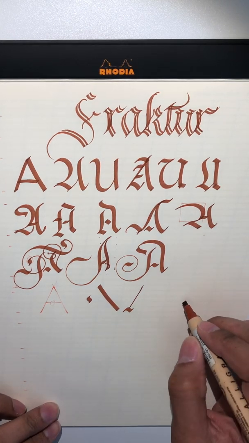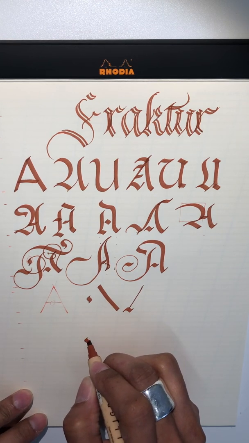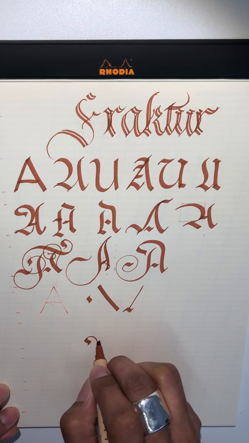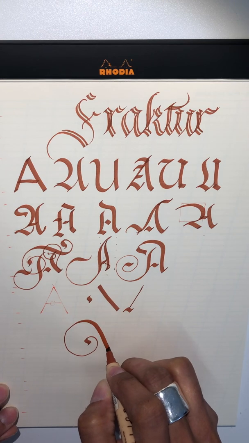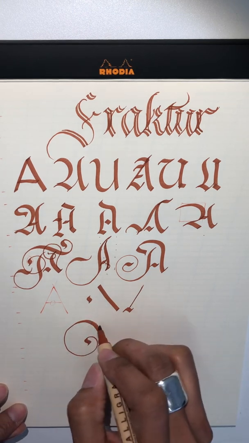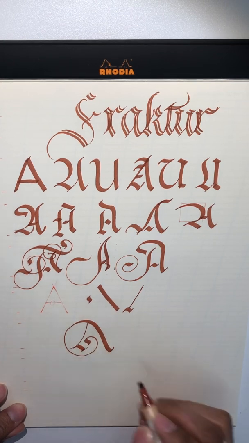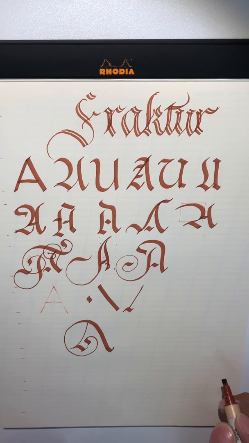So let's start here, because I'll need some space for this. And remember, you still want to keep this upright. So this feels quite wide to me.